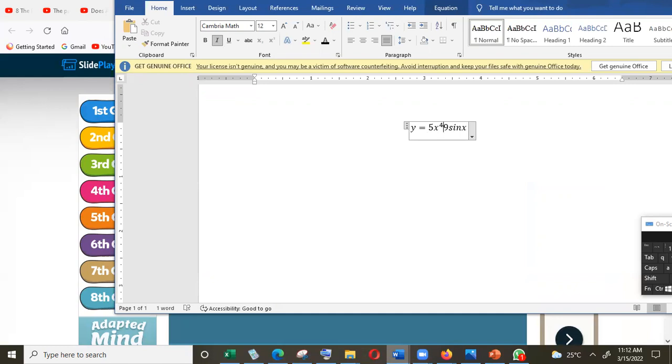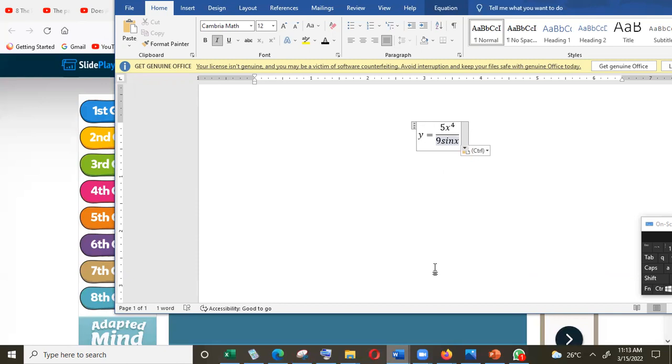Put in the fraction sign there and put this in the denominator. Then you have what you call a quotient function, and you have to apply the quotient rule. And that's what we discussed last session.